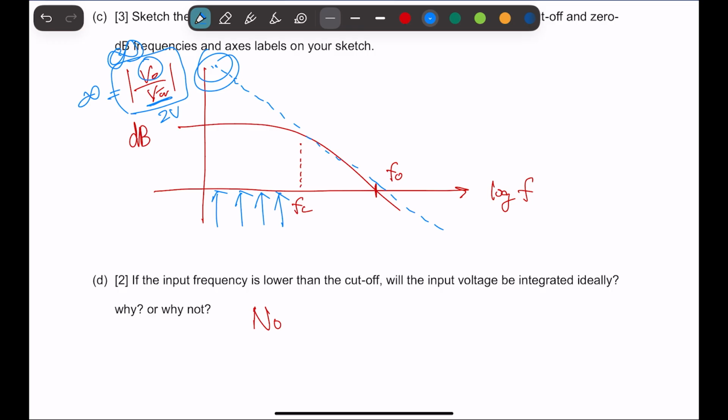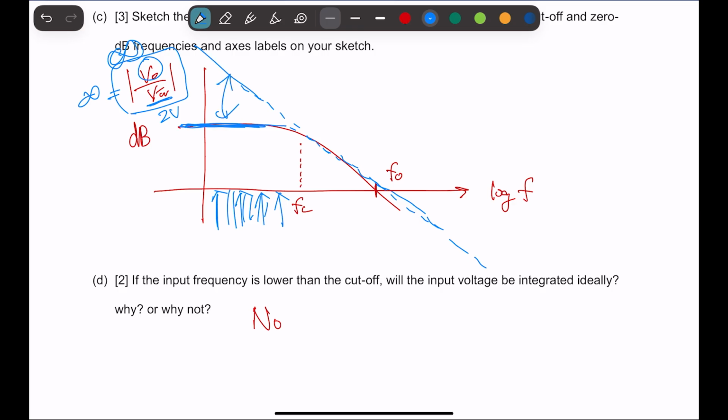So they came up with this idea to cut it off, right? If this Bode plot follows a straight line like that, then it is matching the ideal case, so your input will be ideally integrated. But if you have your frequency in this range, your practical response is way different from the ideal case.